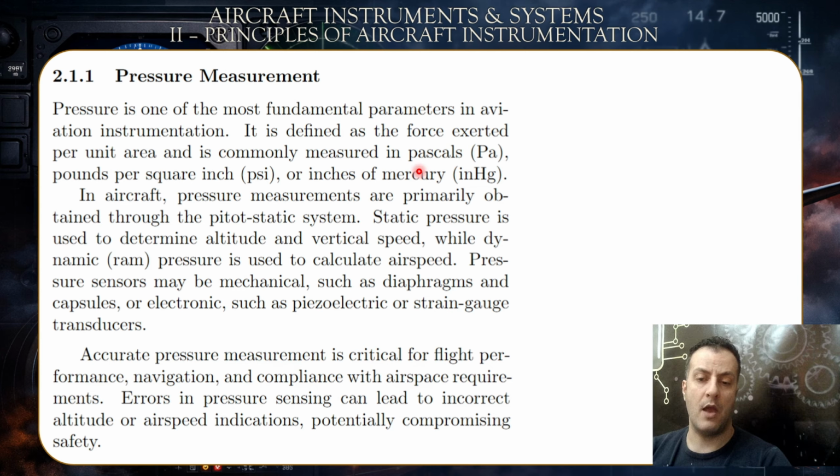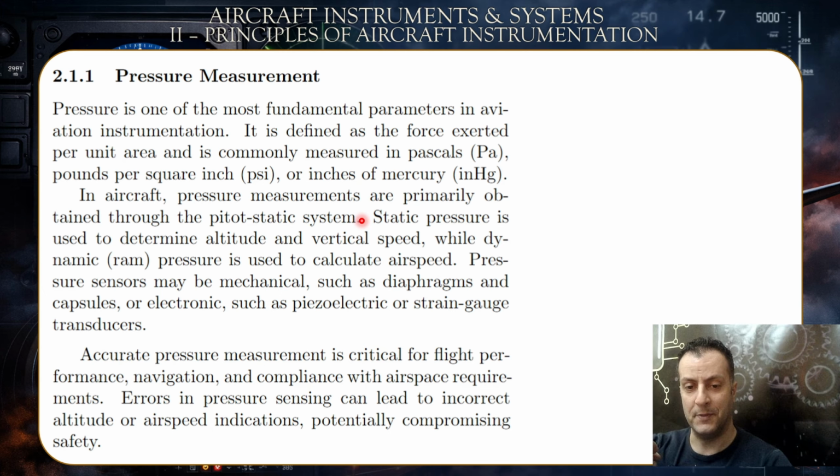You have another measurement unit, which is pounds per square inch, or PSI, because the Pascal is per square meter, or inches of mercury, inHg.